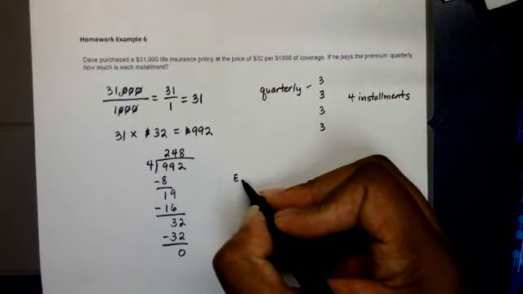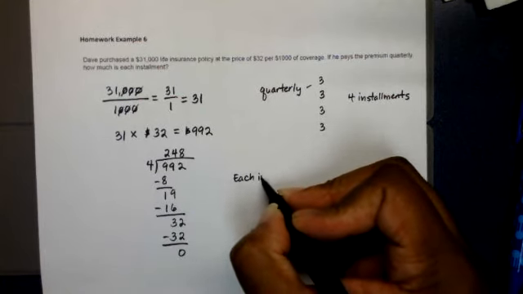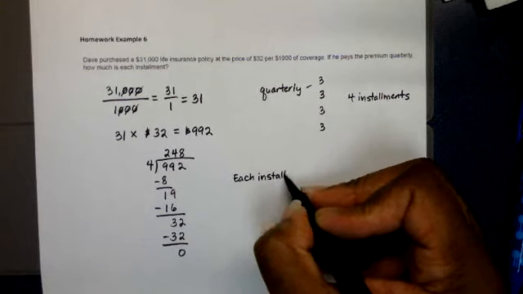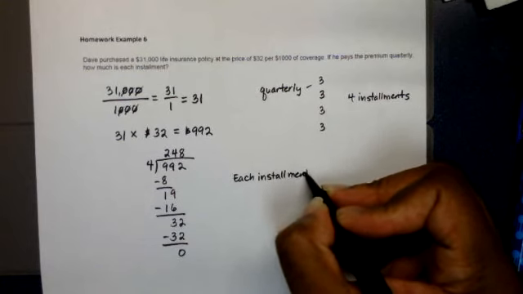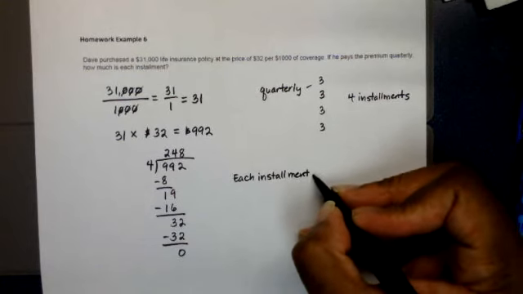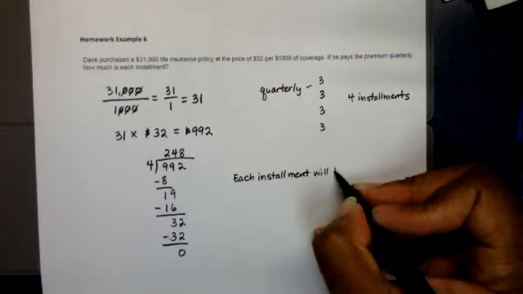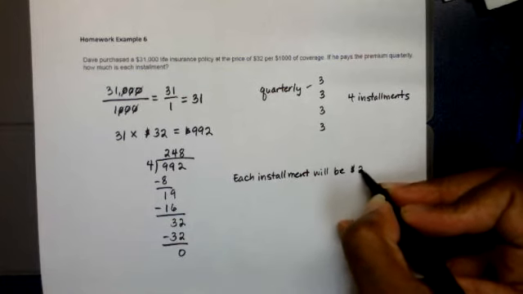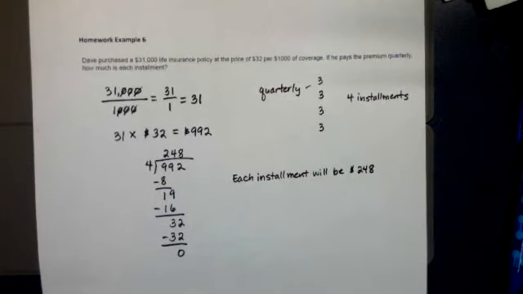So in this case, each installment will be $248. So Dave pays the premium quarterly, which means you have to pay 4 equal installments of $248.